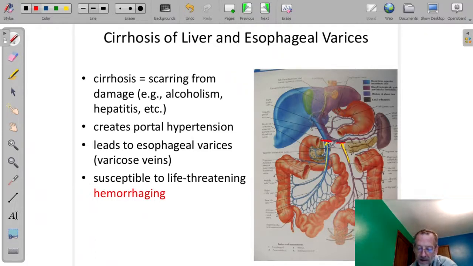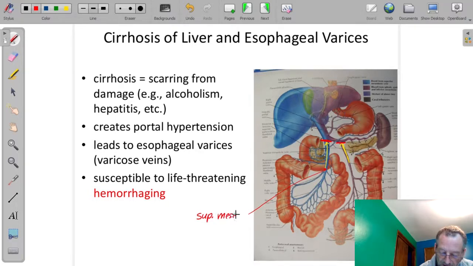And the larger one that's connected to the back was the superior mesenteric vein. Maybe we better spell this out: mesenteric vein.